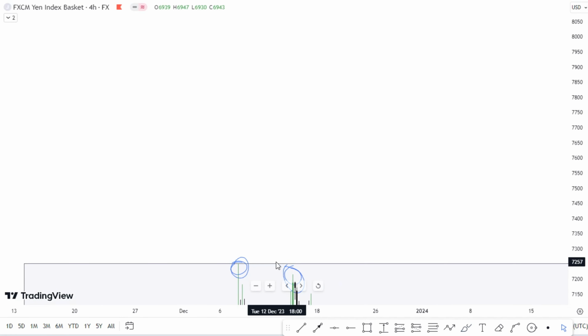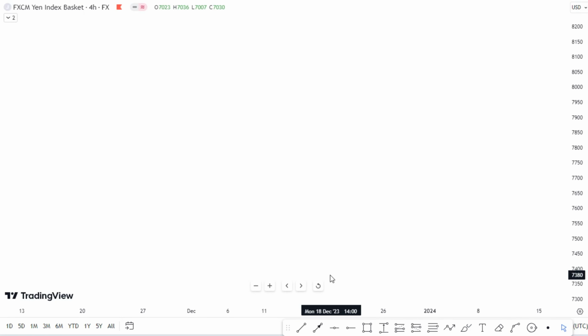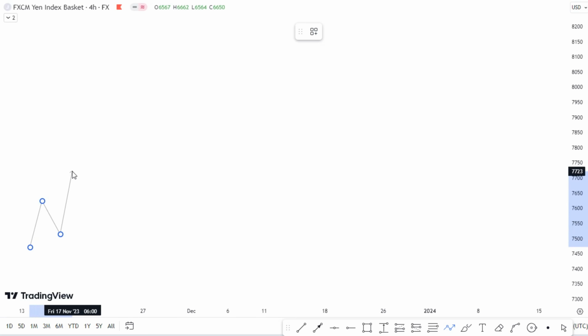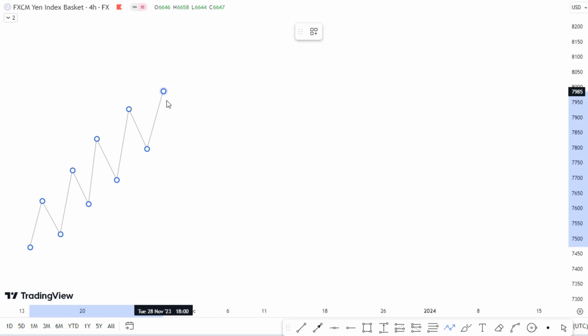Referring to our previous videos, we explained how to trade a double top. Wherever on a live chart we see a market like this, we see something like this and dropping like this.